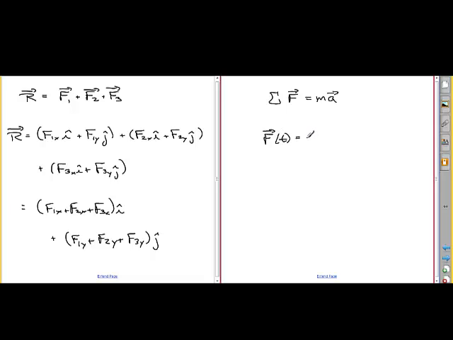And as a consequence, the acceleration vector is a function of time as well. So you can either have a non-constant force or a non-constant acceleration.